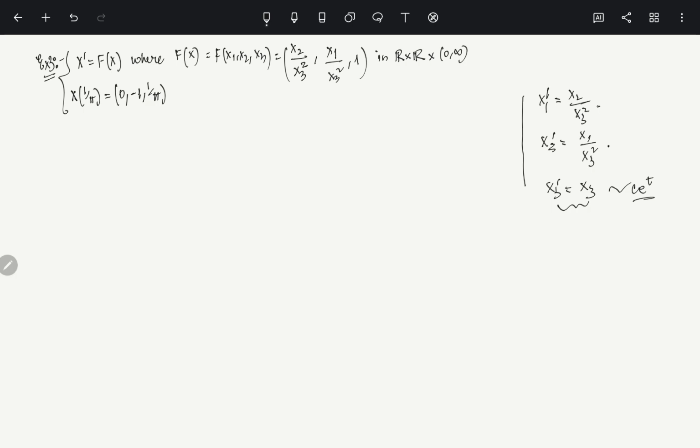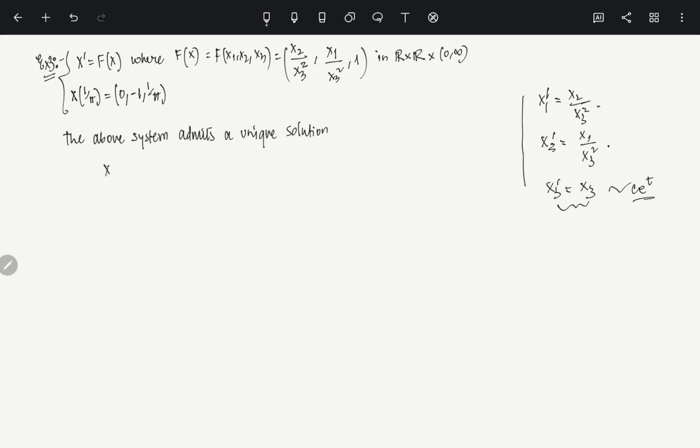But anyways, I'm going to write down the solution. Okay, so the above system admits a unique solution, and what is the unique solution?